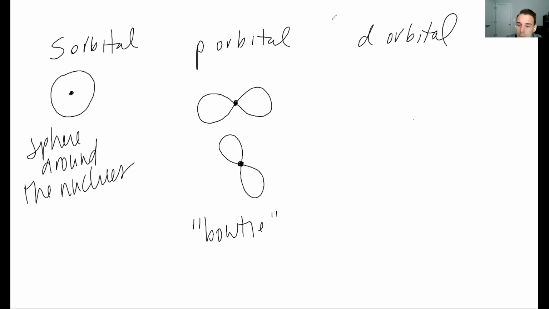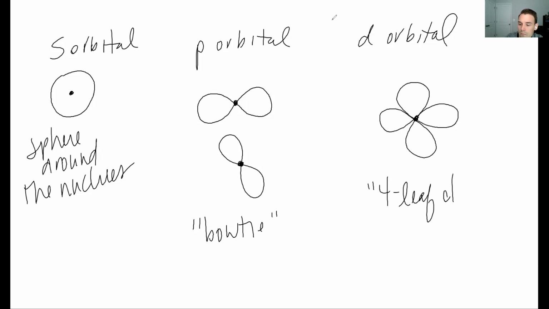And then the d orbital, again, if that's the nucleus, it looks like a 4-leaf clover. So those are the different orbitals that you should be able to recognize their shape, because shape will come into play when we talk about our periodic trends.